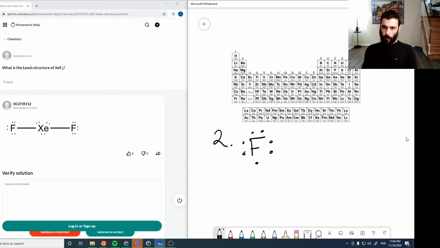So here for fluorine, I've added 7. The reason for that is fluorine sitting up here, if we follow the periodic table, its valence will have 1, 2, 3, 4, 5, 6, 7. So there should be 7 electrons in fluorine's valence.